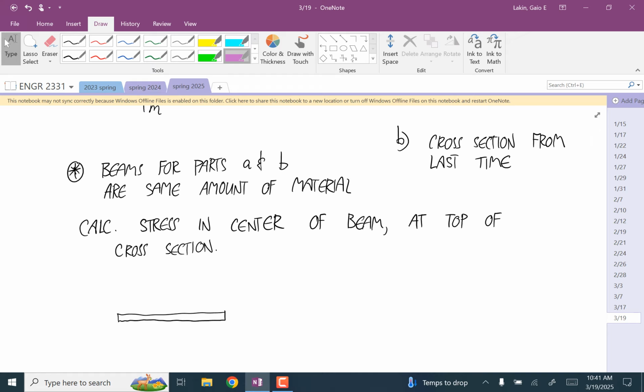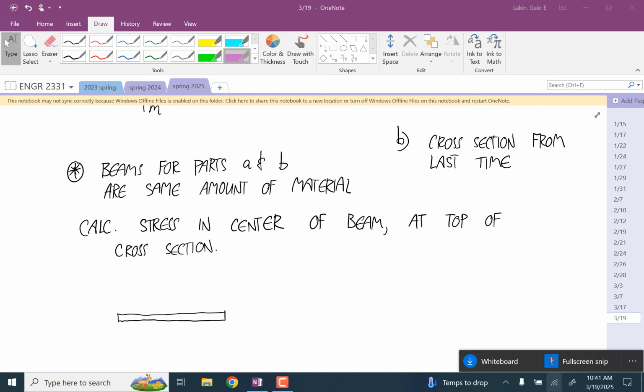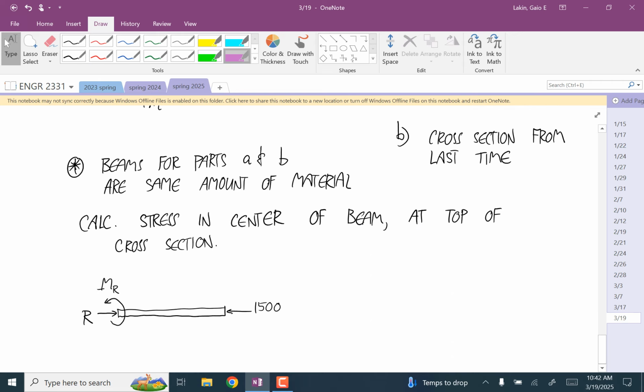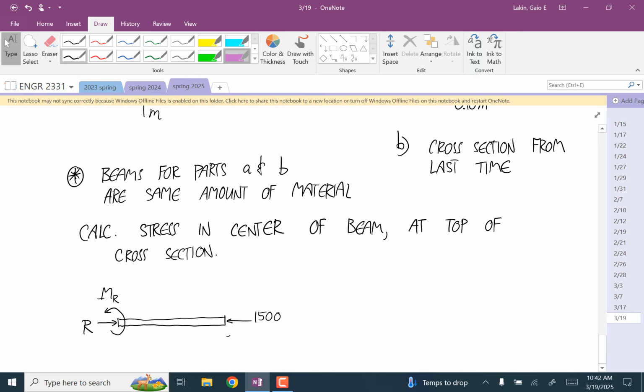All right, so we have a reaction force, I'll just call that R, and we have a reaction couple, I'll call that MR, and then we have 1500 here, and 200 Newton meters here.